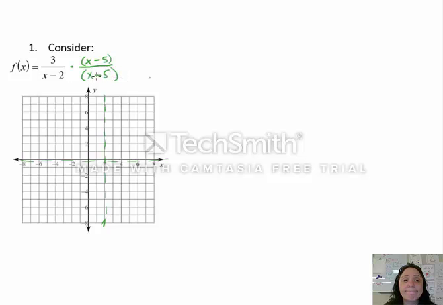Well, I said that we had a vertical asymptote wherever we had division by 0. But if I do this multiplication, I have another place where I could have division by 0. But I already know that this should be the same graph that we just looked at. So I wasn't telling you the whole truth when I told you that we would have a vertical asymptote everywhere we would have division by 0.